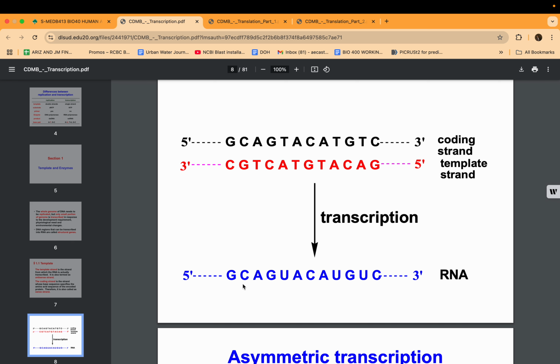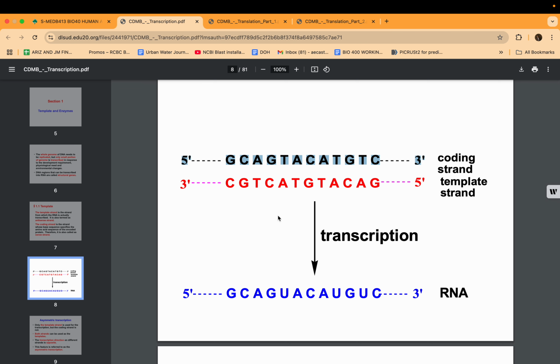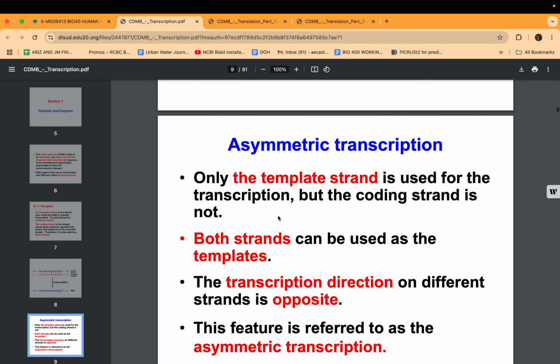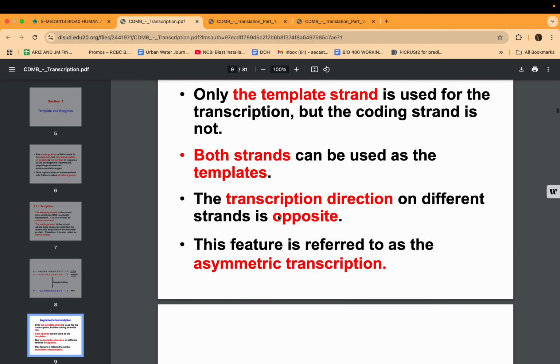And the RNA polymerase will be able to provide transcriptional services to this coding strand, or should I say the template strand, in this direction. Okay? Alright, so that's what we call asymmetric transcription. This helps you visualize what I have explained the last 40 seconds.